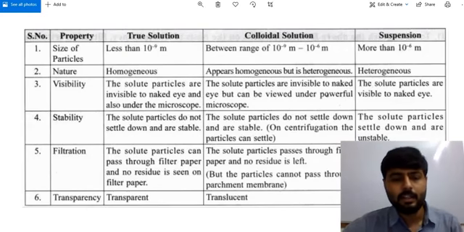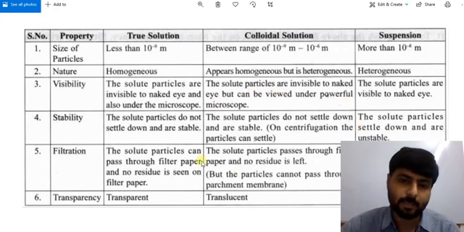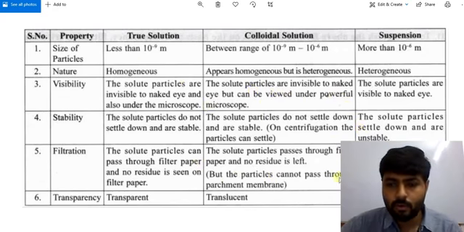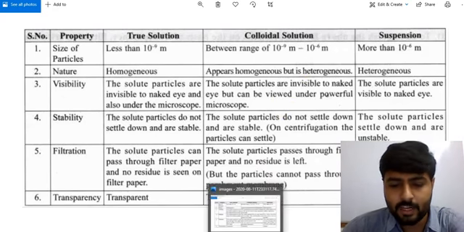That is all about transparency for true solution, colloidal solution, and suspension. This is all about the properties of the three mixtures in a nutshell.